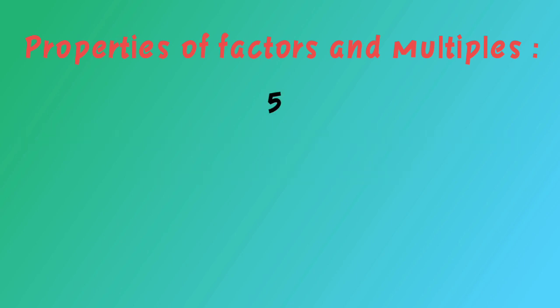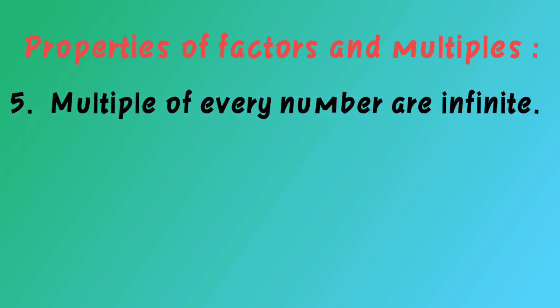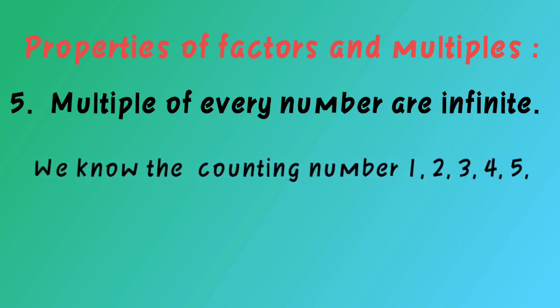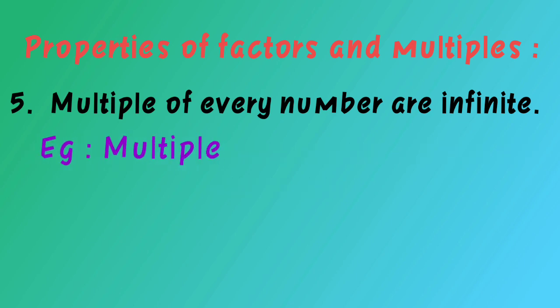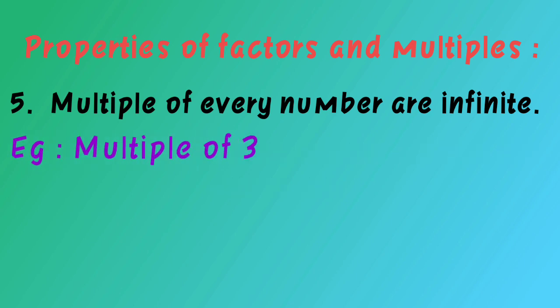The next is multiples of any number are infinite. We know the counting numbers, right? Like 1, 2, 3, 4, 5, 6 and so on. किसी भी नंबर का मल्टीपल जानने के लिए we have to multiply that number with the counting numbers, right? For example, multiples of 3. What are the multiples of 3? To know this, we have to multiply the counting numbers with 3.